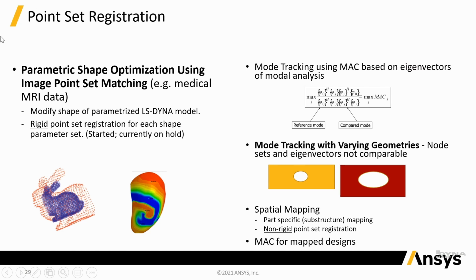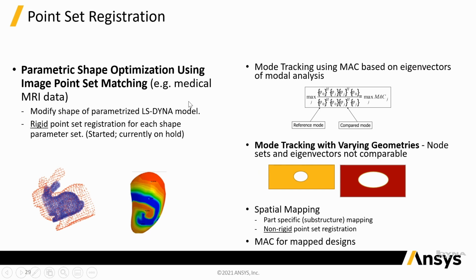Another thing that we are working on for the next mid-year release is point set registration. And there are two types of applications here. One is based on rigid point set registration, and the second one is based on non-rigid point set registration. So the first one is related to shape optimization of a parameterized LS-DYNA model, for instance, when you try to match it to a point set.